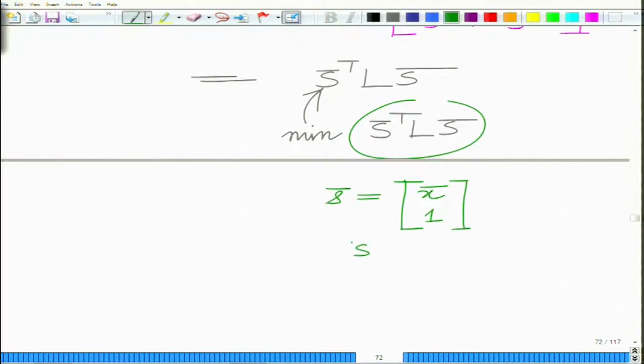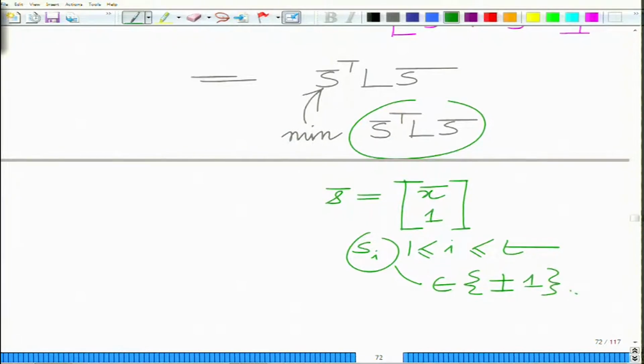If you look at the ith element, that is Si, for 1 less than or equal to i less than or equal to T, that still has to belong to the constellation. So let us say this is the BPSK constellation, so this has to be plus or minus 1.